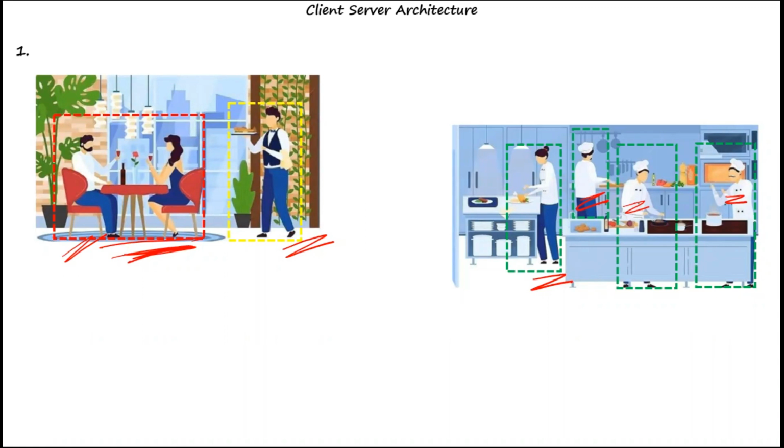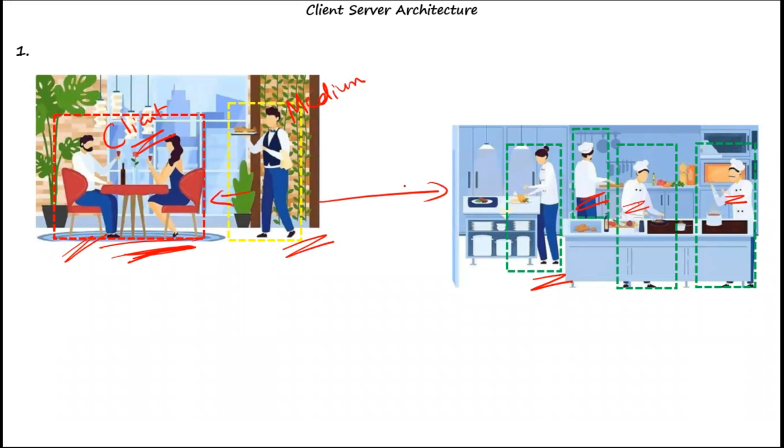Now, what happens over here is the customer that is requesting the food becomes the client. This is the requester. He or she is requesting the waiter to get me this food. Now, the waiter becomes a medium between this and this.